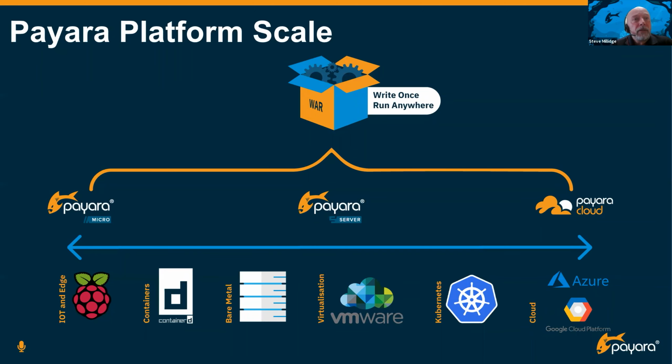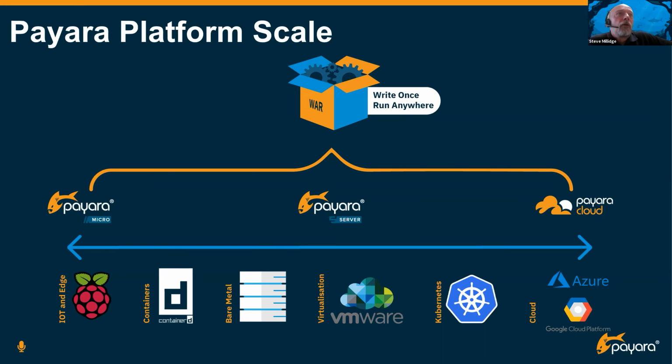So it's, I could say, a very small application server. Then we go through to Payara Server, which is a traditional domain mode where you have an admin and you manage many different server instances, and that is designed to work right across from bare metal servers through to Kubernetes.